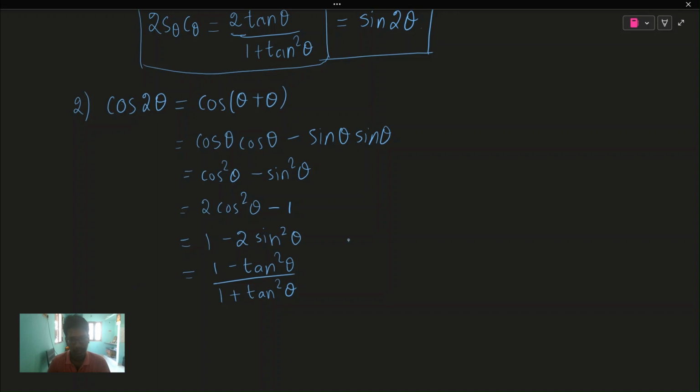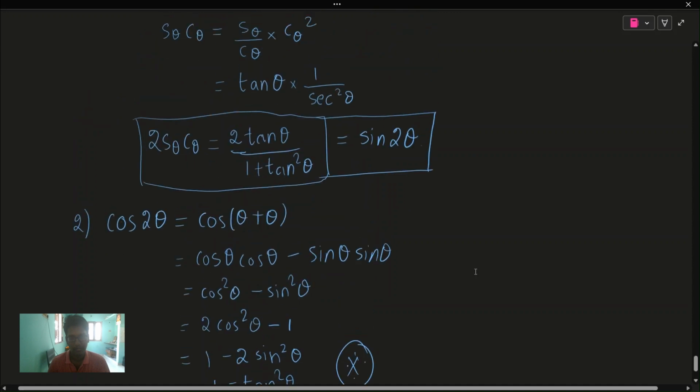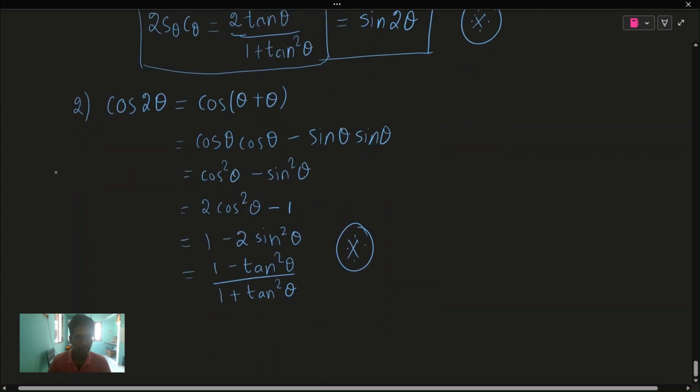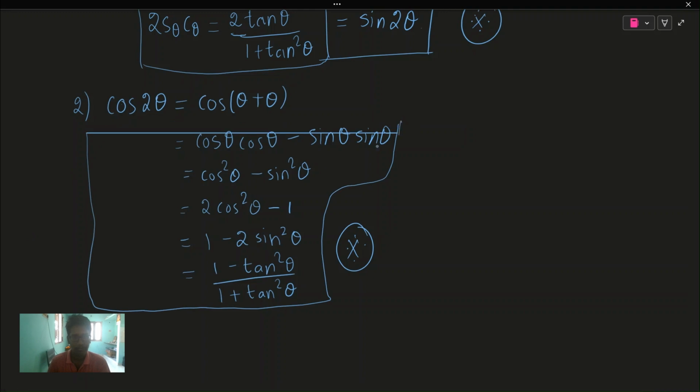This is very important to be noted. I'll put a very big box so that you can understand there are many different forms in which cos 2 theta can be written.